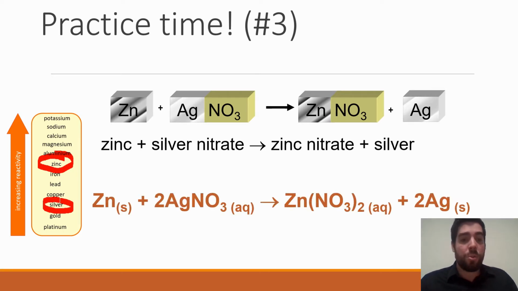The chemical equation would be zinc plus silver nitrate yields zinc nitrate plus silver. And in this case, the zinc is being oxidized. It is losing electrons. And the silver is being reduced. It is gaining electrons.